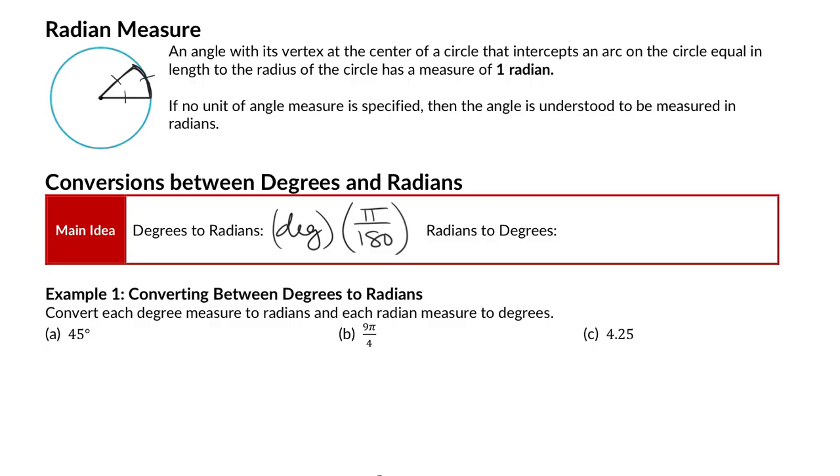If you have a radian measure and you want to change it to degrees, you would multiply it by 180 over pi. This one you usually are pressing the pi button and will have to round the answer to either decimal degrees or degrees, minutes, seconds.